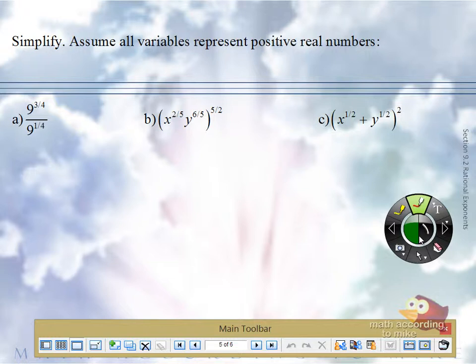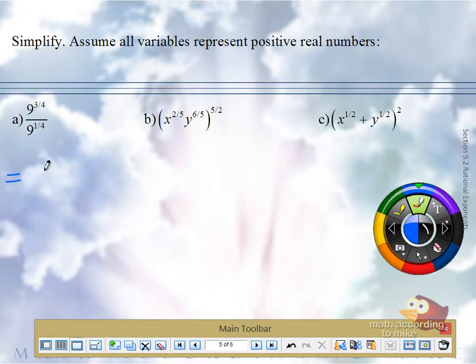But notice we are dividing two things of the same base. What number is that on the board? Number 2. And if we're dividing two things of the same base, what do we do to the exponents? Subtract them. Yeah. 3/4 minus 1/4 is 1/2.